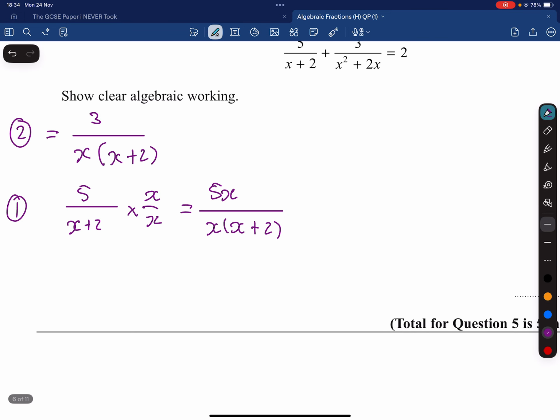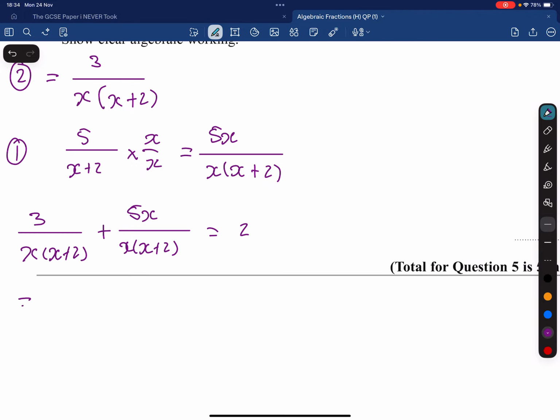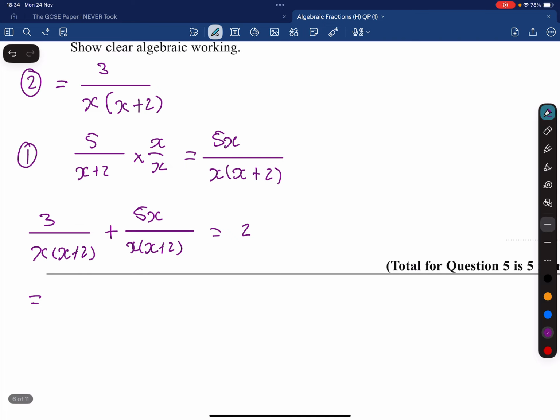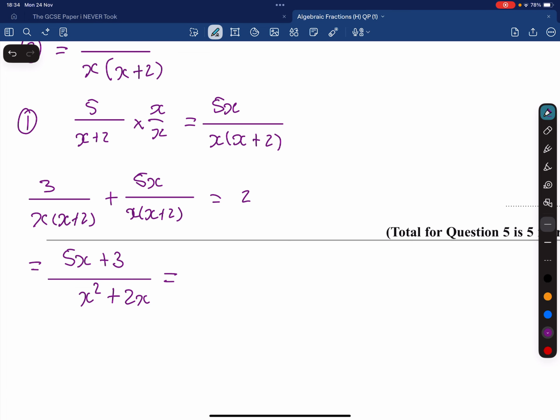Okay, now we need to add them together. So we have 3 over x plus 2 plus 5x over x plus 2, and this is equal to 2. So this would be 5x plus 3 over x squared plus 2x, expanding the brackets because they're annoying like this, and now this is equal to 2.